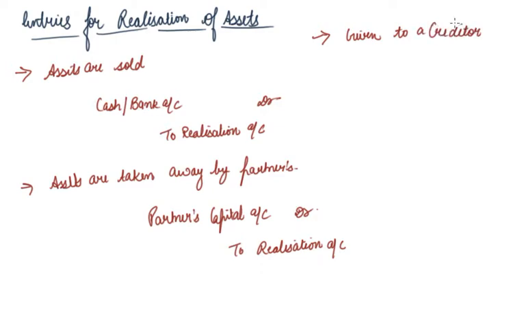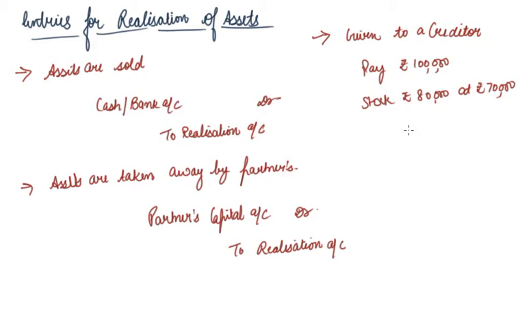In part or full payment of his dues, the agreed amount of the asset is deducted from the claim of the creditor and the balance is paid to him. No entry is passed for the transfer of the asset to the creditor. Let's suppose we have to pay rupees 1 lakh to a creditor, and he agrees to take stock of book value rupees 80,000 at rupees 70,000.